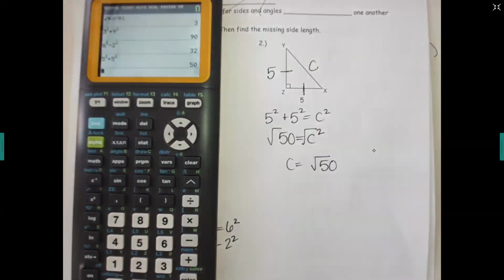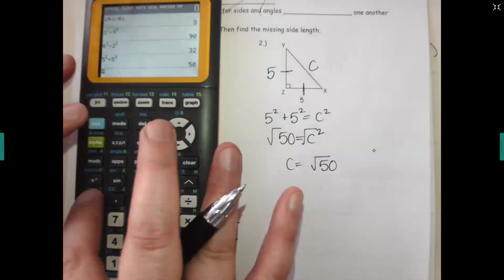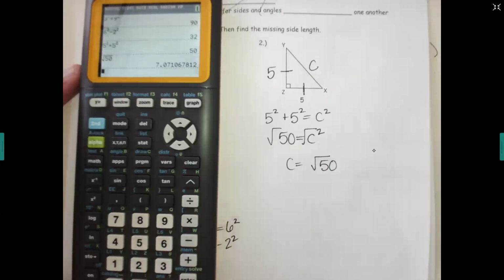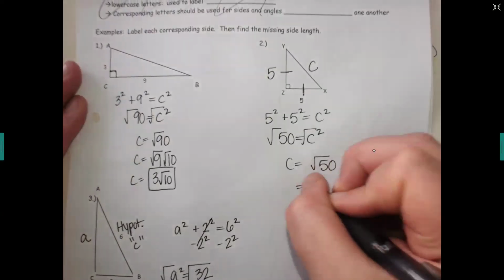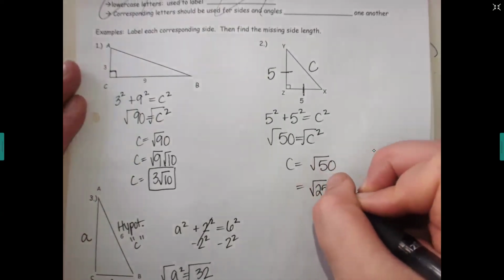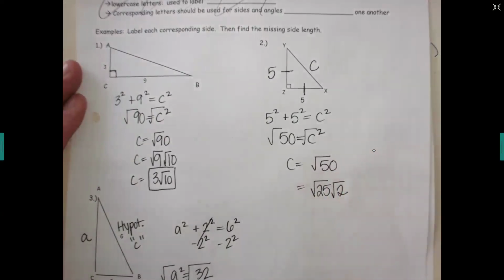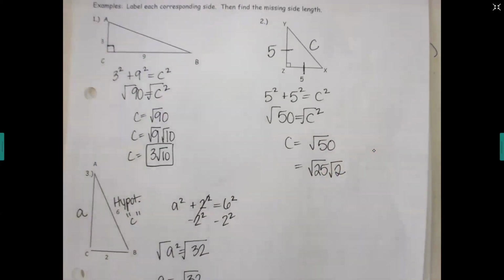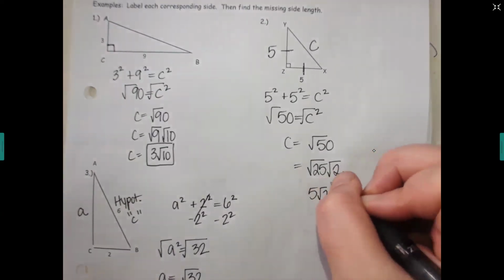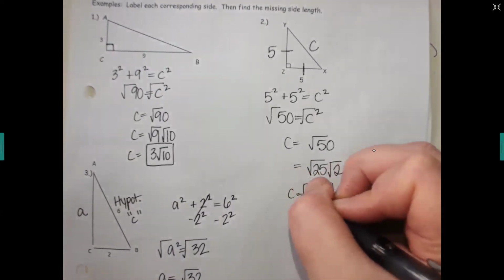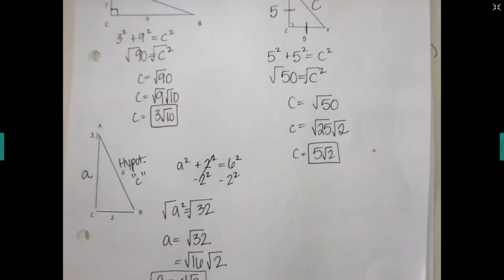Okay, but if I put that in my calculator, the square root of 50 comes out to be a decimal, and I can't type a decimal in for my homework. So peek back at your list. 25 times what? 25 times 2. And then the square root of 25 goes to what? It'd be 5 root 2. Okay.